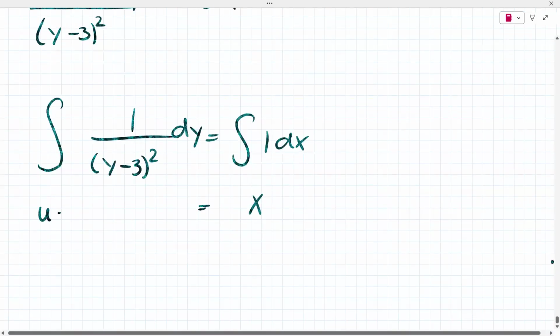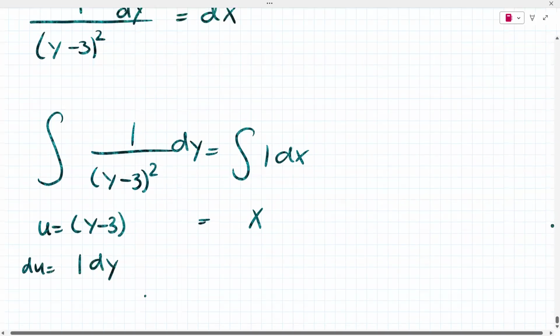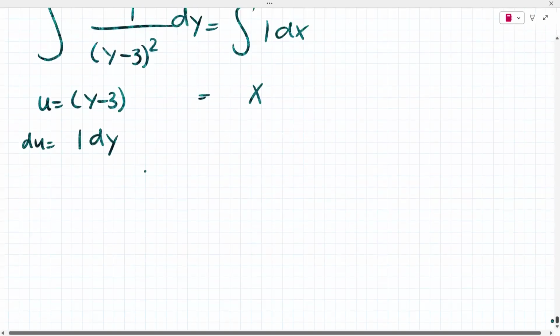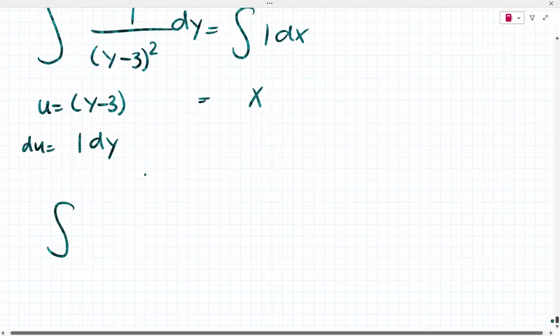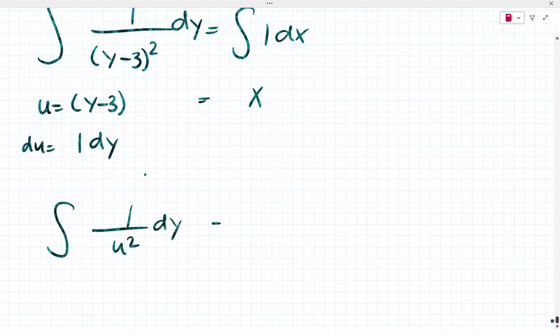So your u would be y minus 3, and then du would be 1 dy, which is really nice. So you're going to rewrite this problem as the integration of 1 over u squared du, and then on the right, it's x, and then don't forget the plus c.